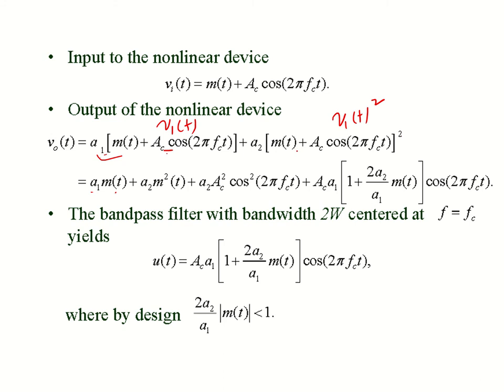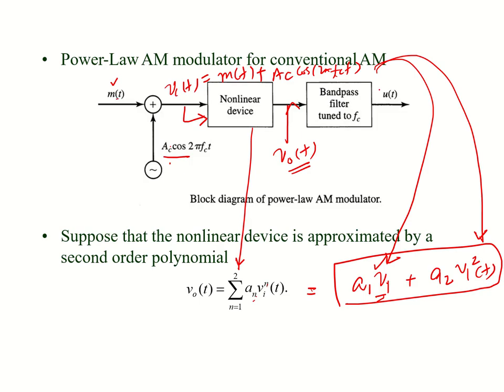If you take the square, it is just like a plus b squared: a squared plus b squared plus 2ab. If you apply this quadratic formula, do some simplification and rearrange the terms, we get this output term.